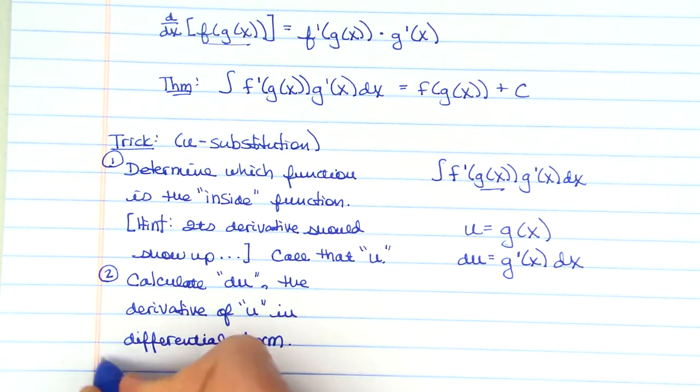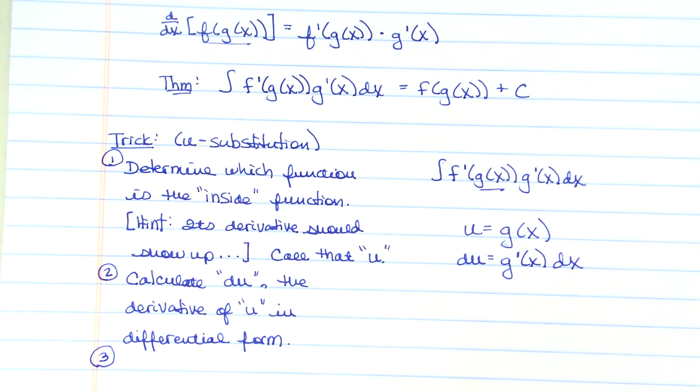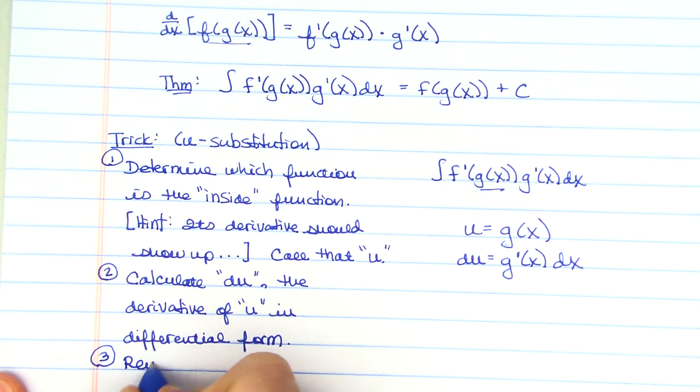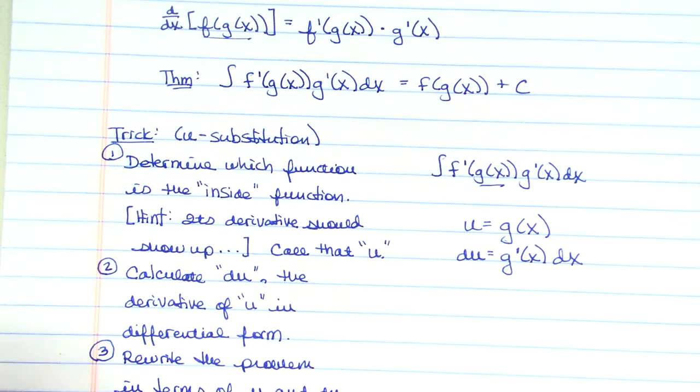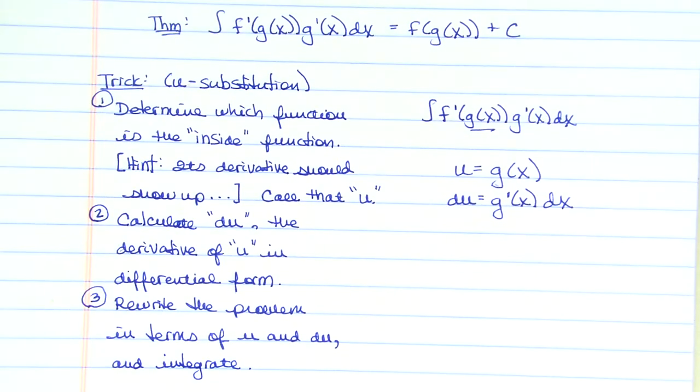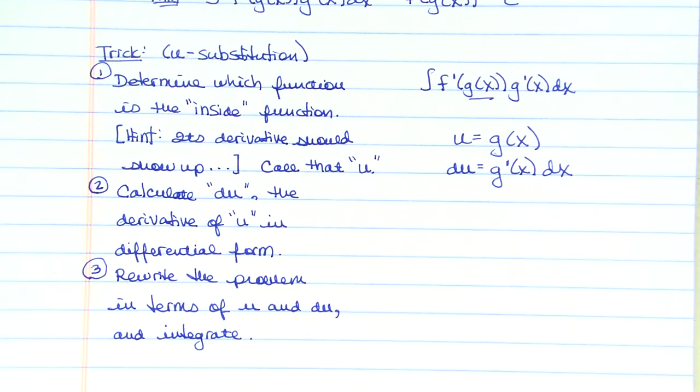Now, why am I doing all of this? I'm doing all this so I can rewrite my problem in terms of u and du rather than in terms of x's. Step number 3 is to rewrite the problem in terms of u and du. And then when we're done, we'll integrate that thing because it'll be something we actually can handle. I'm going to rewrite my problem in terms of u and du, and I'm going to integrate.